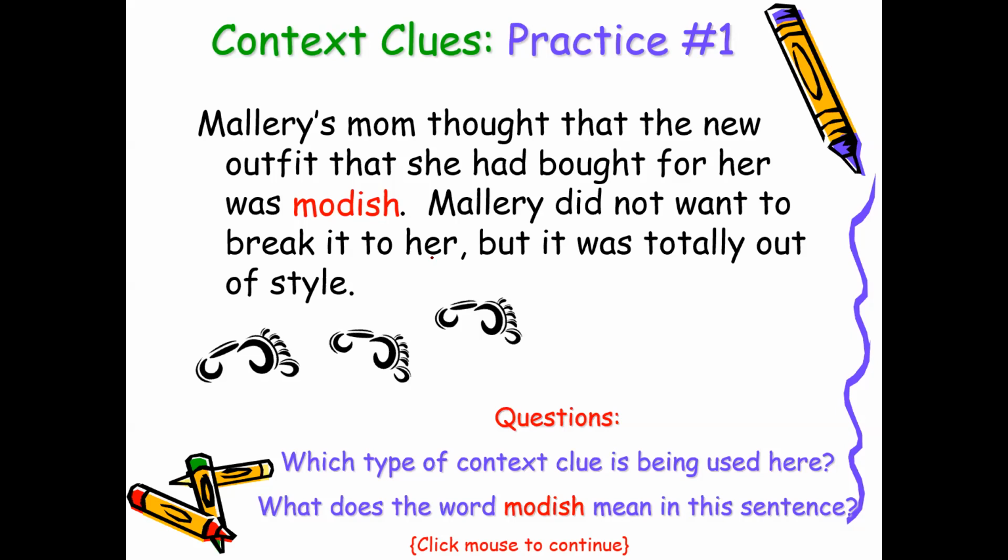So modish means stylish, a la mode, fashionable. What type of context clue is being used here? When you think about it, there is the word but, and there is the antonym totally out of style. So basically, the context clue is an antonym, right?